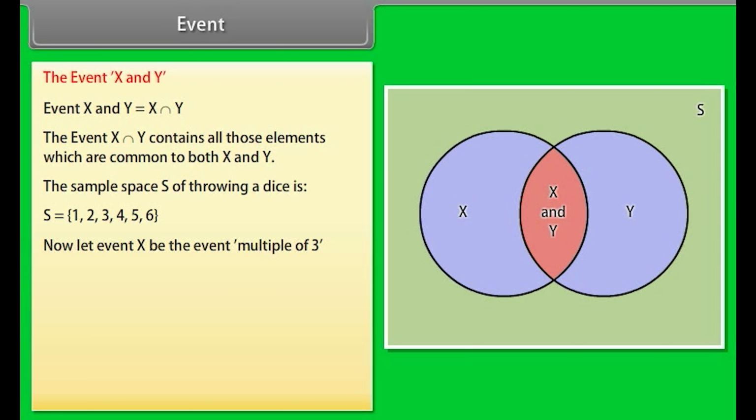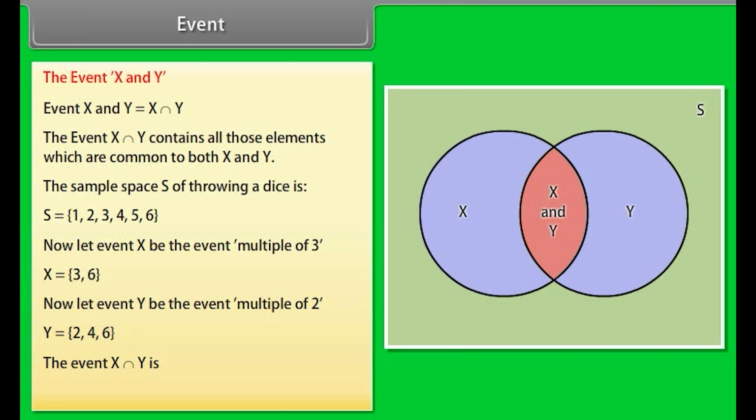Now let event X be the event multiple of 3. X is equal to 3, 6. Now let event Y be the event multiple of 2. Y is equal to 2, 4, 6. The event X intersection Y is equal to 6.